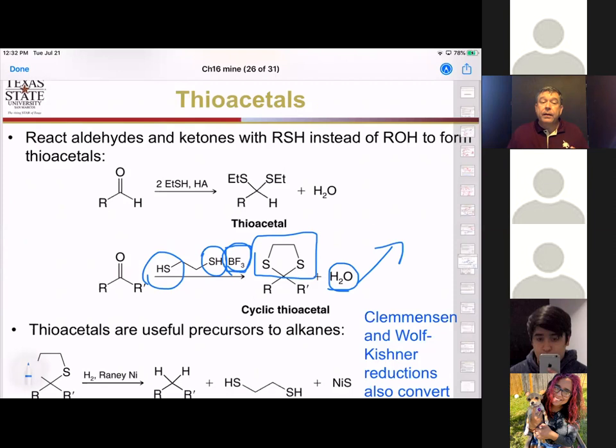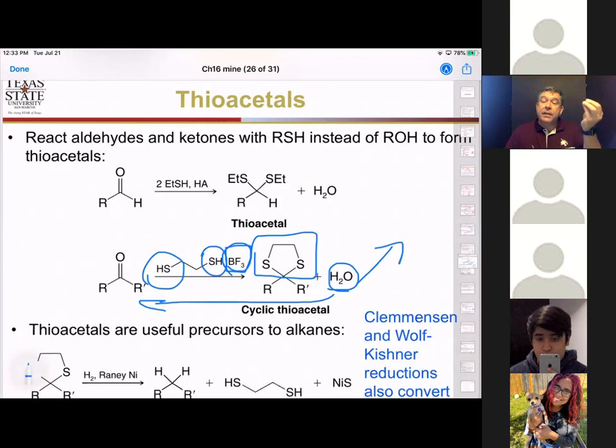Now, the great thing about thioacetals is instead of just adding water and getting it back to the carbonyl compound, you can reduce it off with hydrogen and a catalyst called Raney nickel. And what that means is both of those sulfurs will be removed and you can put two hydrogens there.